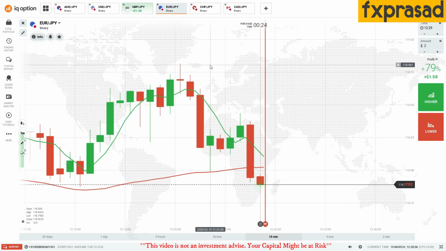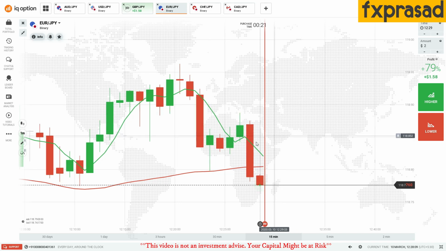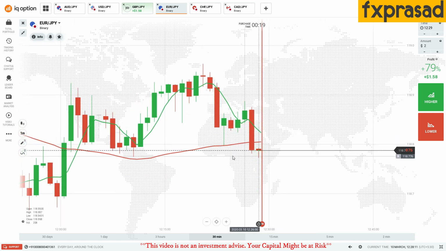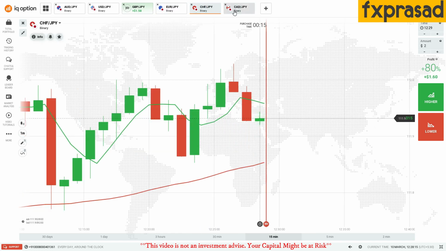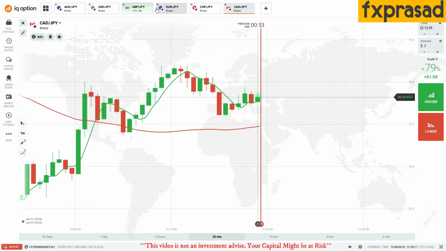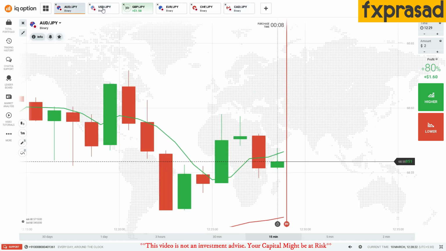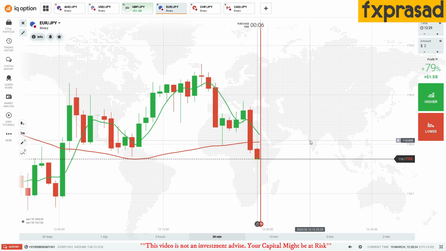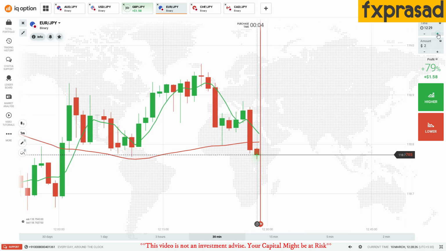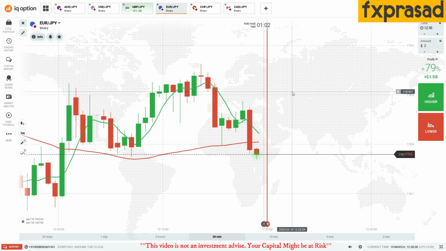Like this, you place your trades. Again, one more, Euro JPY is very near to touching both lines. This is not good. Okay, go Euro JPY, just place an extra minute. It will take an extra minute.